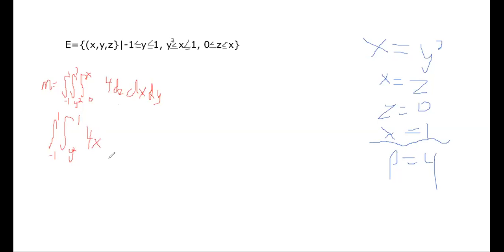And if we do the second integral, when we plug this in, and this is going to be dx dy, what we're going to get is 2x squared.